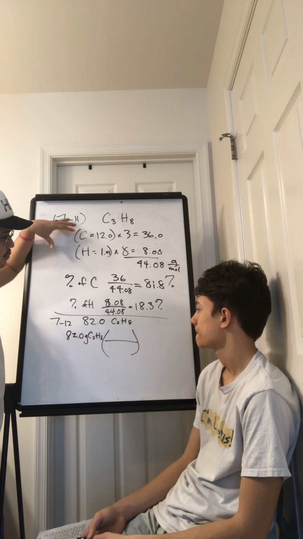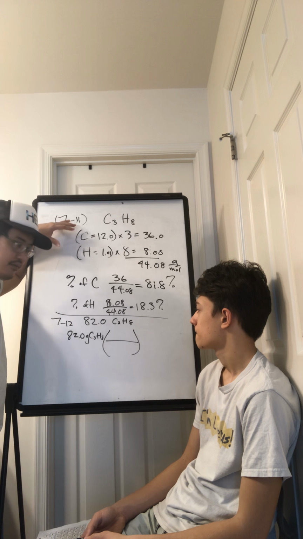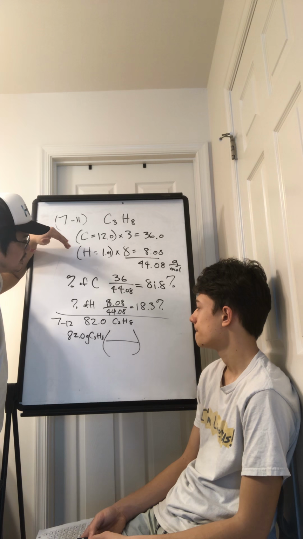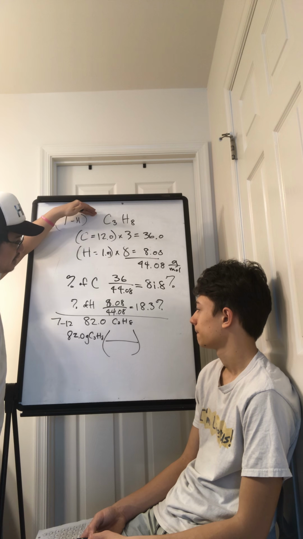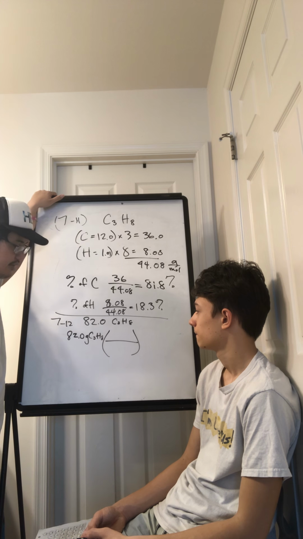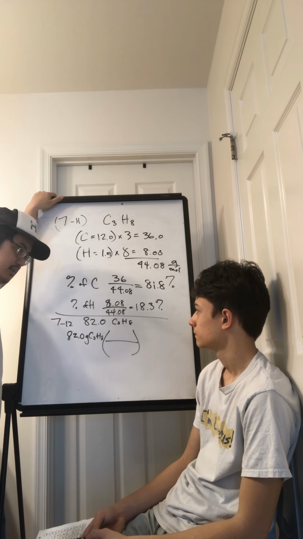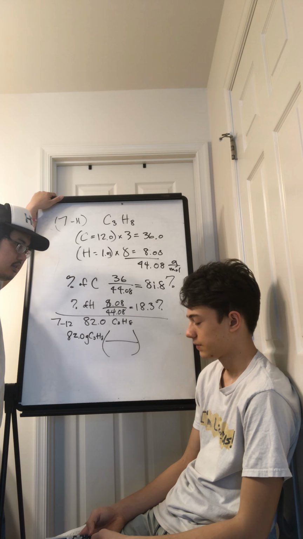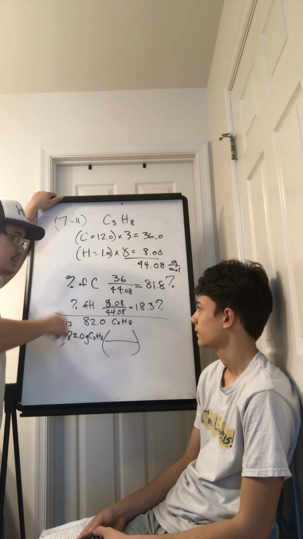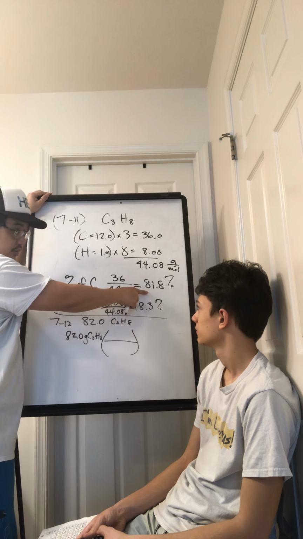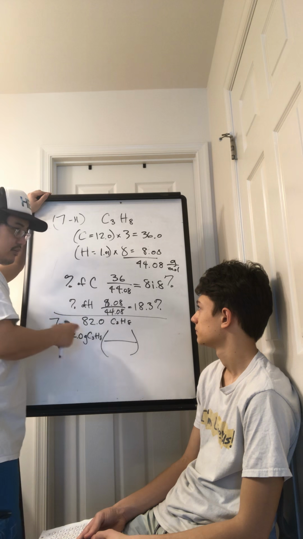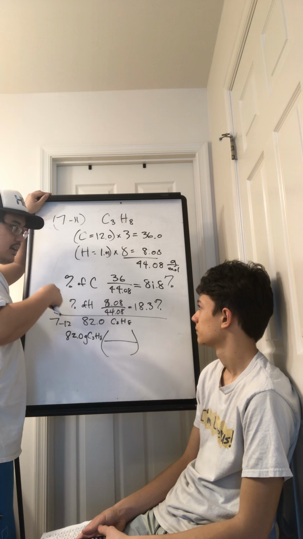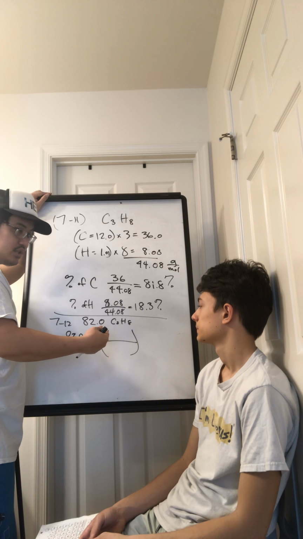If I reference the previous problem, if I had 100 grams of propane, how many grams of carbon would I have? I would have 81.8 grams. A percent is how much of 100 it is, right?